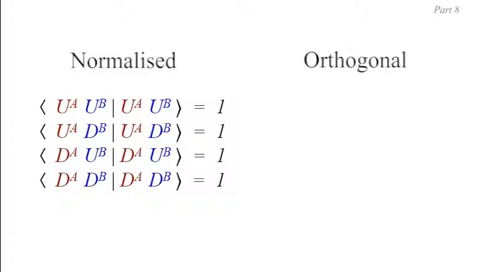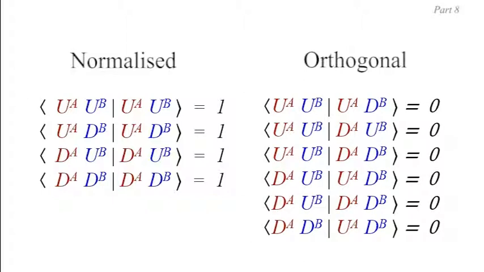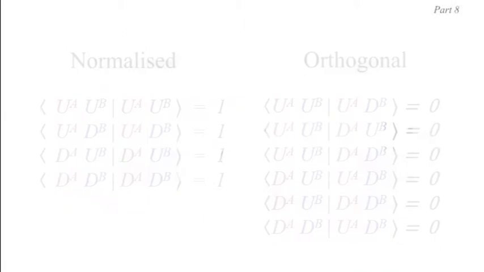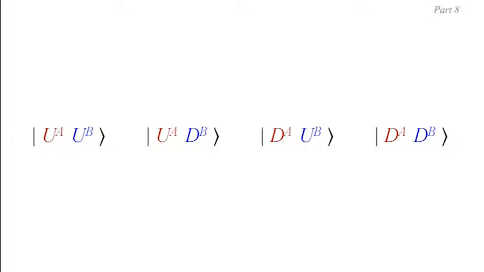The orthogonality condition is shown in these 6 combinations. There's up up, orthogonal to the other 3, giving a 0 inner product, and these show the other arrangements, which are also orthogonal.